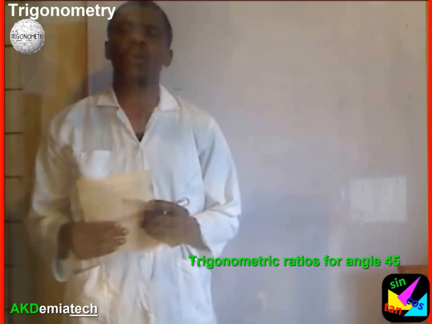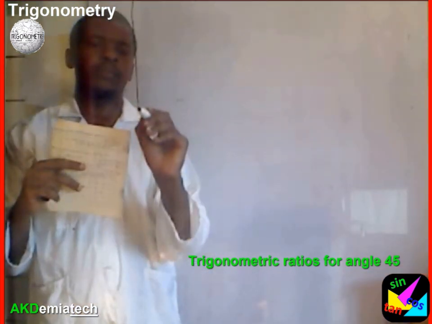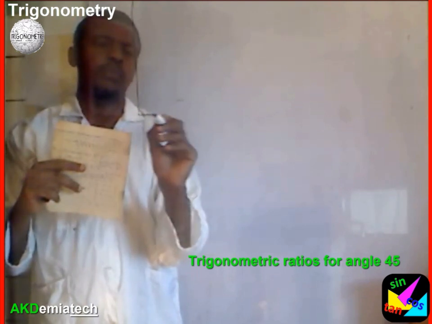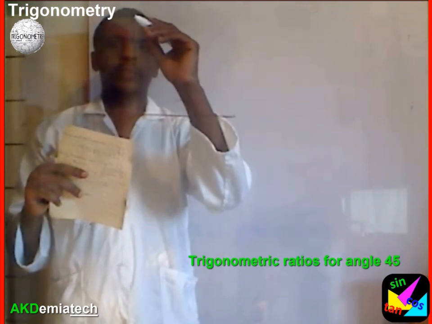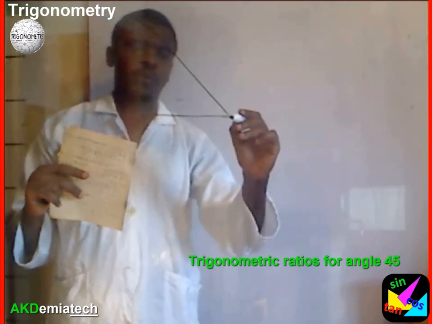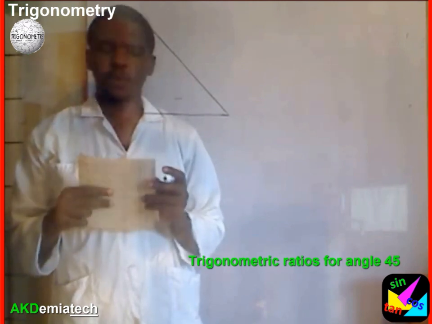Let's now work out the ratios when the angle is 45 degrees. Consider the right isosceles triangle as follows.